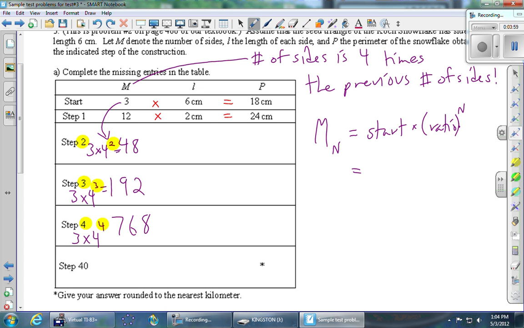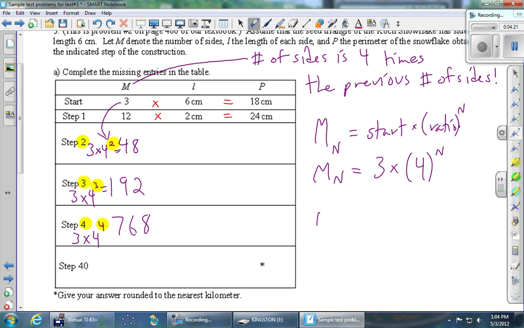That's our formula for exponential growth. The starting number here, the original number for M, was 3. The ratio: what do you multiply by every time you go down that column? You multiply by 4. And then you raise it to the n.